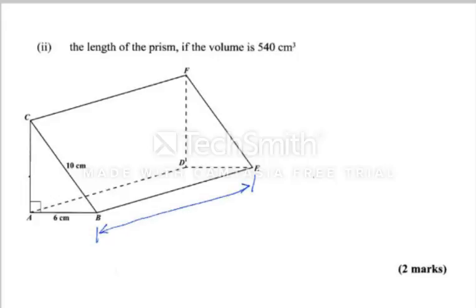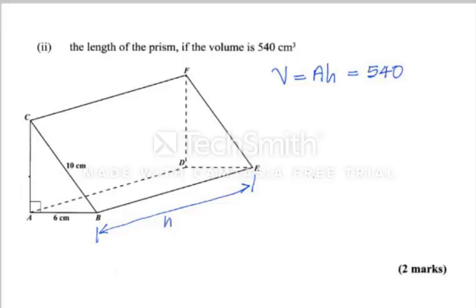So this length is called the height or the length of the prism. Now, the volume of any solid shape with a uniform cross section is V equal to A times H. So A times H is equal to 540.